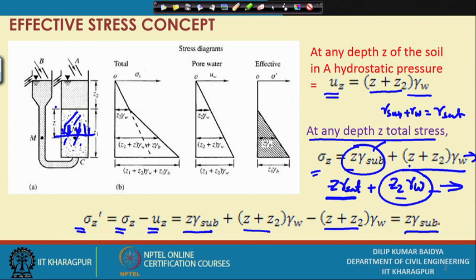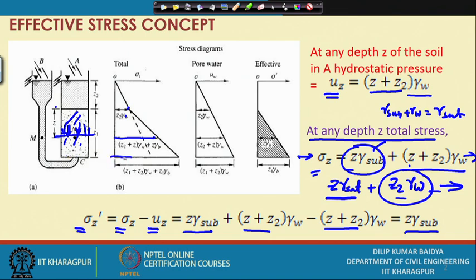You can see the same thing whatever way I have shown there. Total stress we have calculated: up to this, Z 2 into gamma W has come here, and then Z 2 plus Z gamma W plus Z gamma submerged.